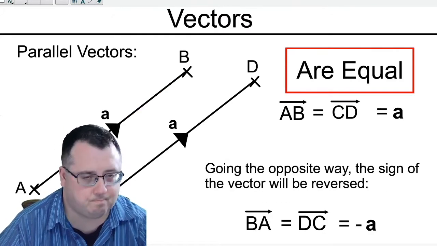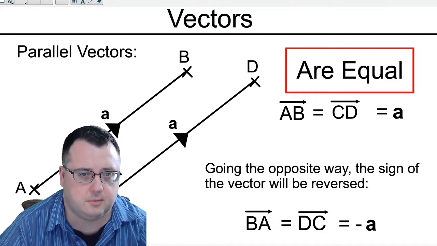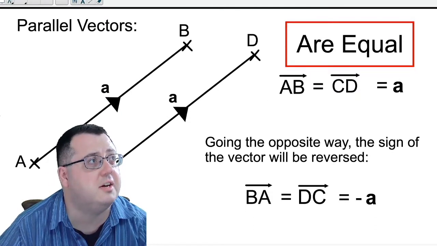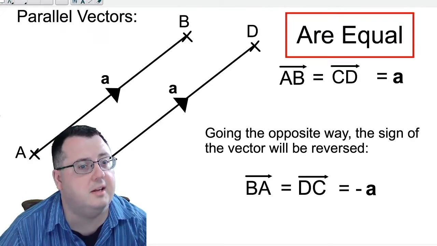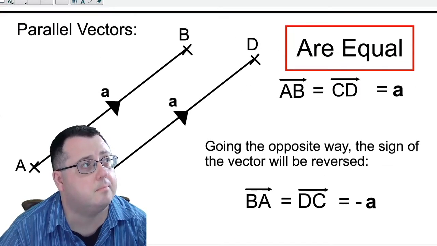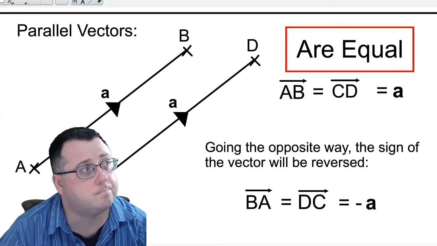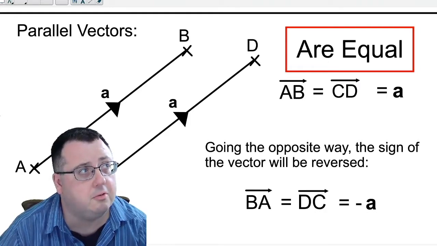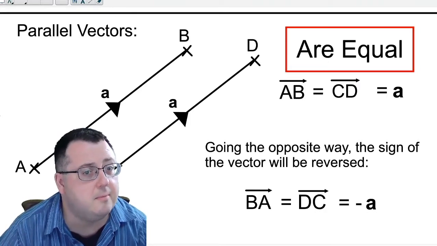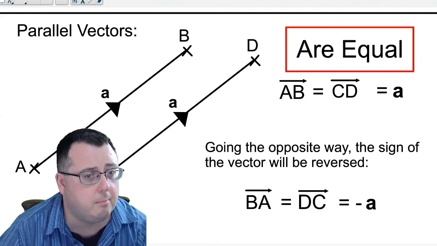Parallel vectors are equal. So notice here I've got two lines, AB and CD. Both of them are defined with a bold arrow a. Can you see that?